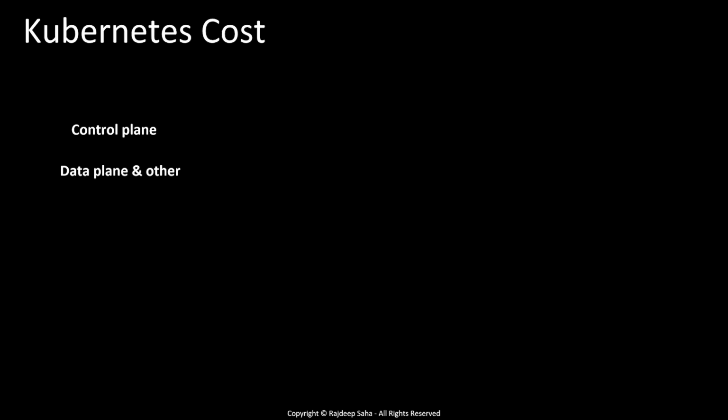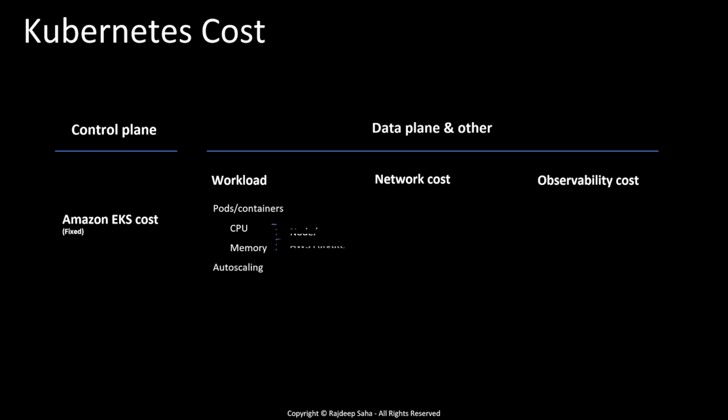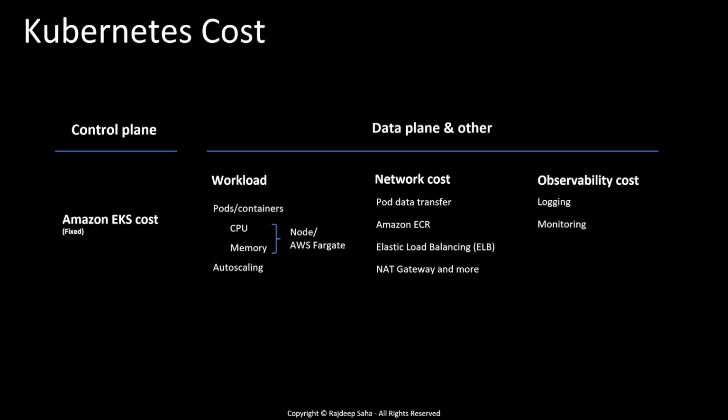You have to say that Kubernetes cluster cost is divided into two main components: control plane cost and data plane cost. The control plane cost is the Amazon EKS service cost, which is fixed, 10 cents per hour, which is very cheap. And the good thing is, even if your cluster scales up to thousands of nodes, that cost does not change.